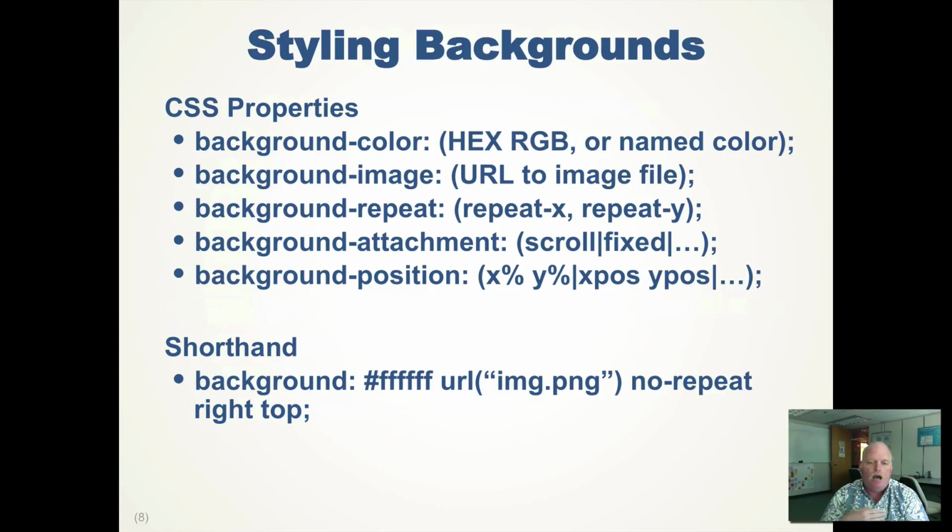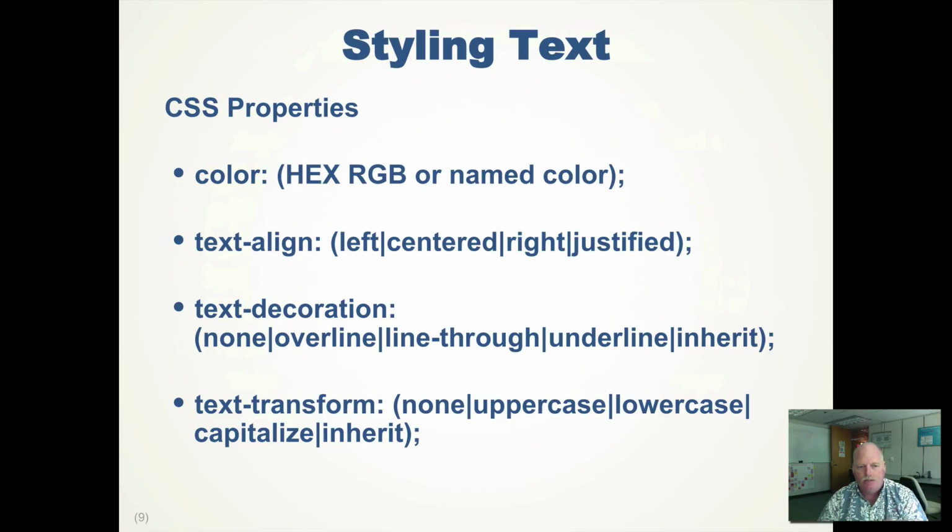So some of these are not necessary. It knows that if it's a color, it should be a color. Then I'm looking for an image. If it's not there, I won't put the image. Then I'm looking for a repeat, then I'm looking for attachment. So it's a way of shorthanding, instead of having to write more text into your file, you can make a quicker rule.